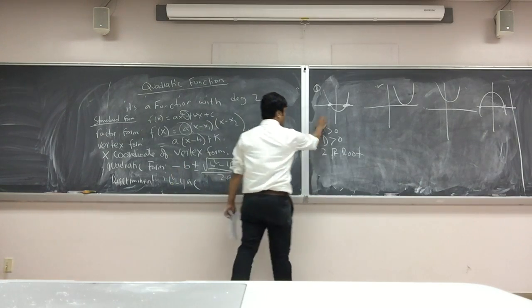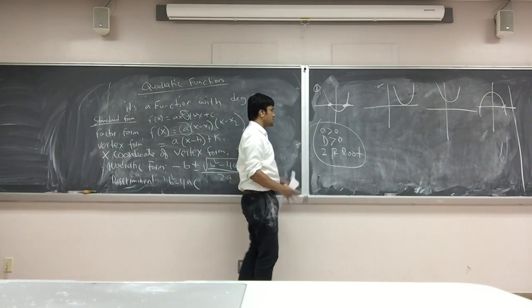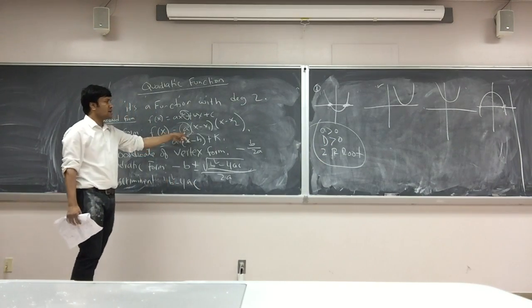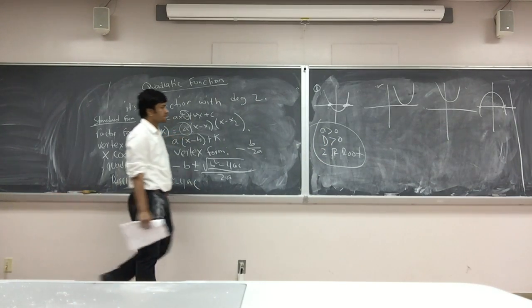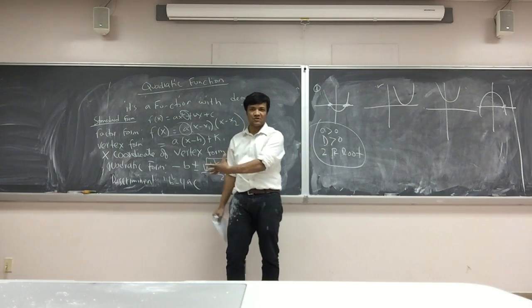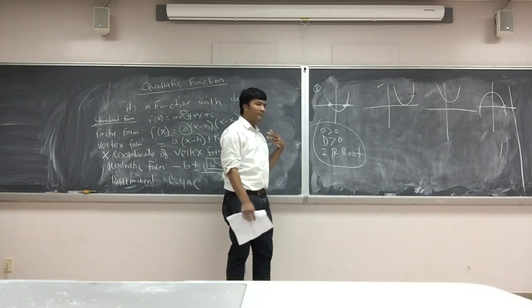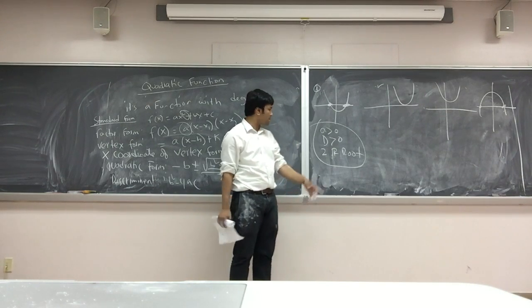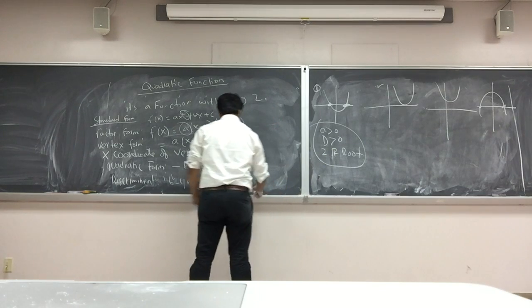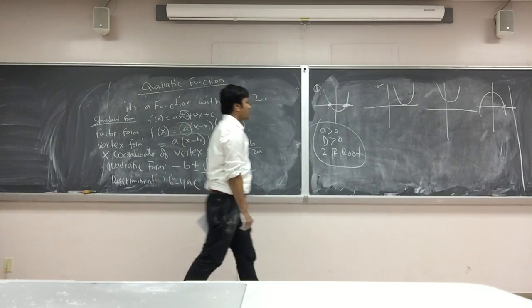We just know that when the leading coefficient is positive and the discriminant is positive, then two real roots. What is the discriminant? This is just an equation. I'm going to explain it by giving you an example real soon. Okay, what about this one?